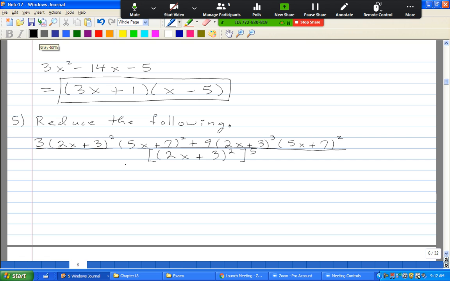Let us factor out what's in common in the numerator. Well, what's in common in the numerator is 3. There's also a 2x plus 3 squared, the lowest power, and that's got to be a cube here, and a 5x plus 7 to the power 2, since that's the smallest power.